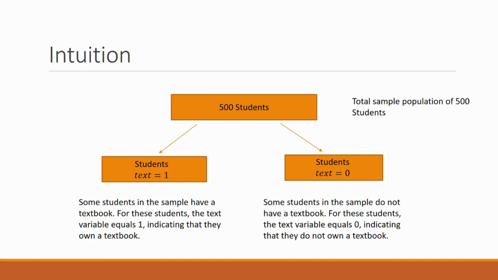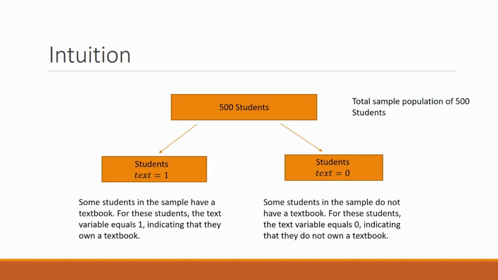So let's break this down. Let's say we have a sample of 500 students. We don't have an experiment. We did not randomly assign students to receive textbooks or not. This is not a randomized experiment.